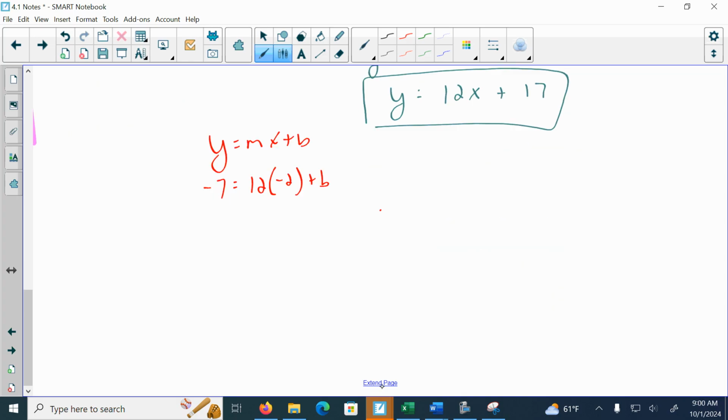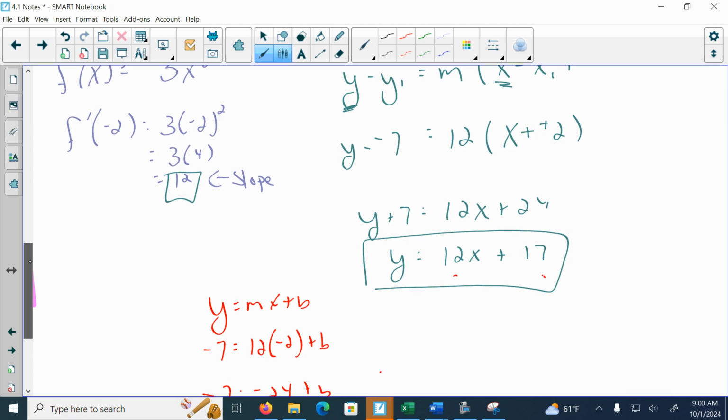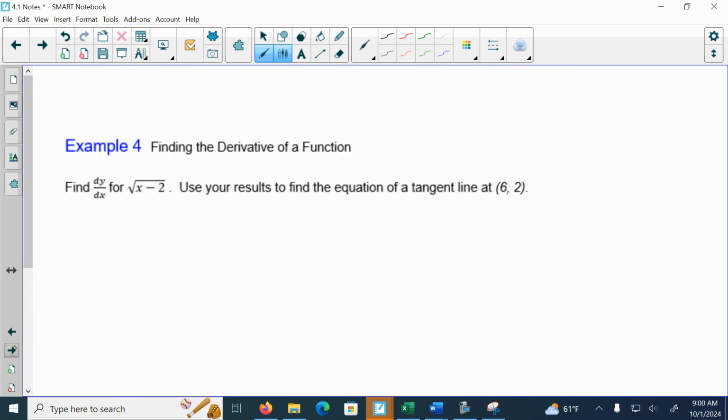And then you're going to end up with -7 is equal to -24 plus b. Add 24 to both sides, and you're going to get 17 for your b, which is your y-intercept. Either way, you get the same answer. I like point slope because you're doing the same work, but you're just getting the answer all at once. I think it's more efficient, but what do I know?